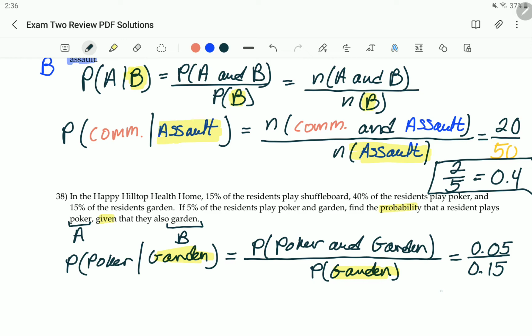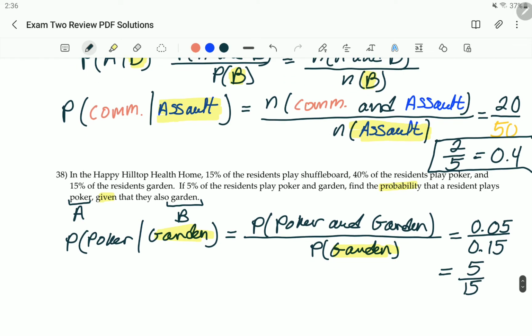We can also write this as 5 over 15, and this equals 1/3. Or if you want to, you can put approximately 0.33.